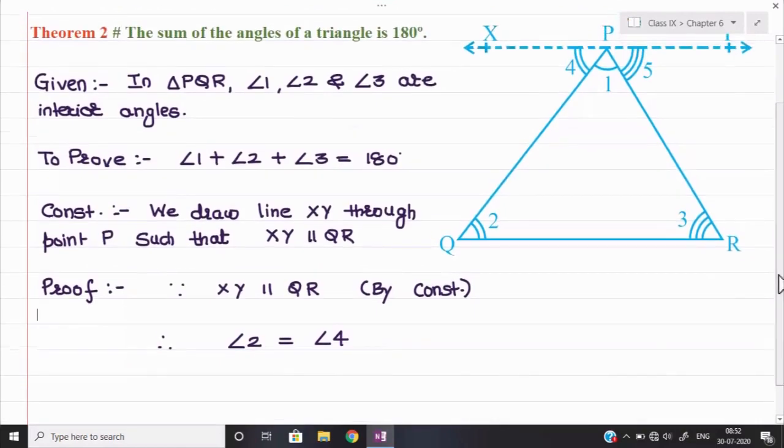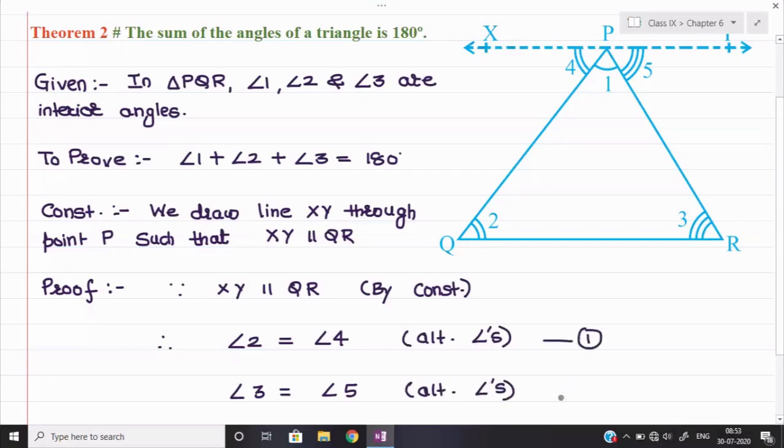Okay, you need to draw those lines and see it carefully if you have any confusion about these two angles. So angle 3 and angle 5 are also equal because they are also alternate angles. So here we can give the reason alternate angles, and the same reason can be given below also, alternate angles. Now this is my equation number 1 and this is my equation number 2.